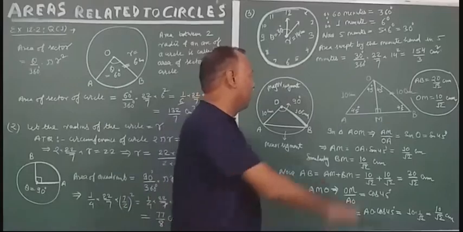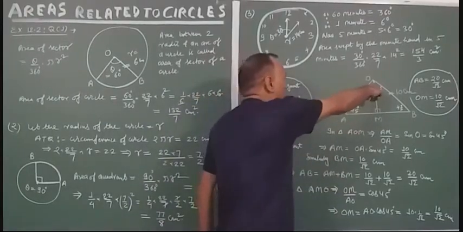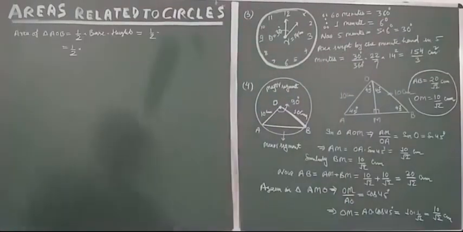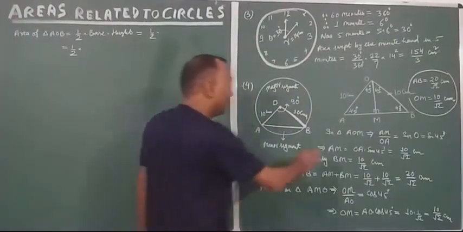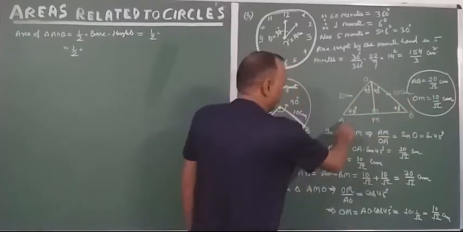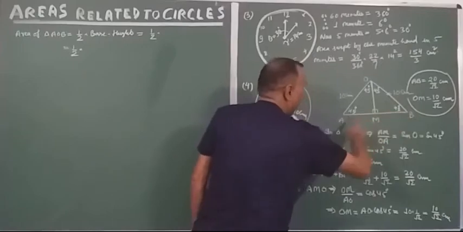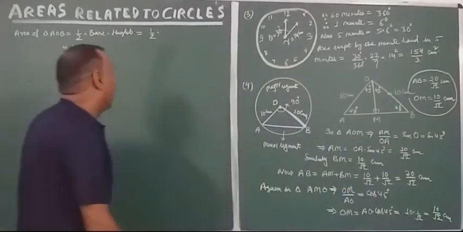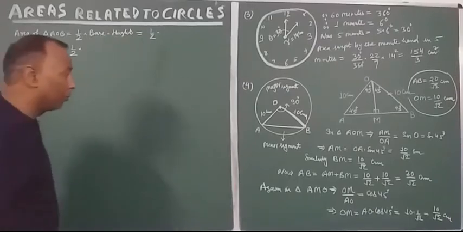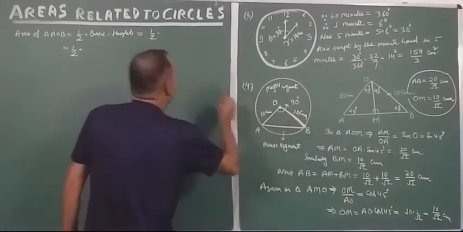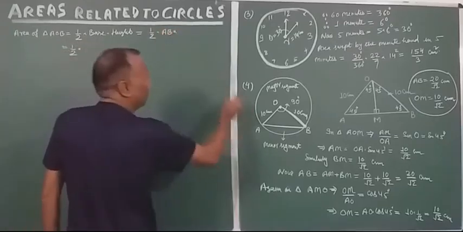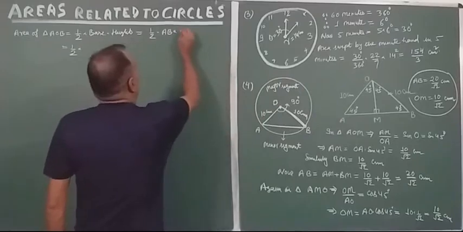Now the area of the triangle AOB is equal to half base into height, that is 1/2, and the base is AB and the height is this one, OM.